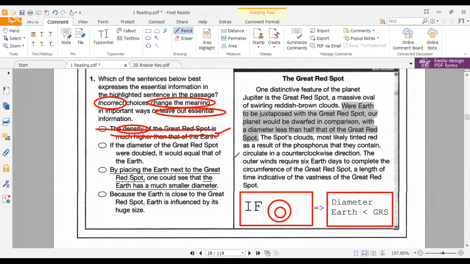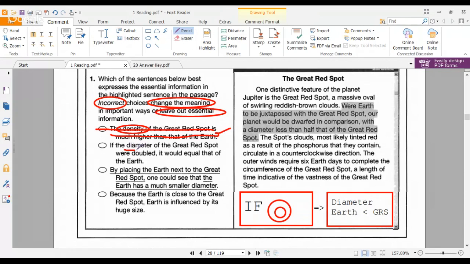What about number two? If the diameter of the Great Red Spot were doubled, it would equal that of the Earth. It also changes the meaning because if we double the diameter of the Earth, it will be equivalent to the Great Red Spot. All right. That's right.